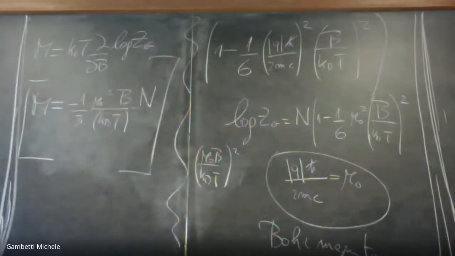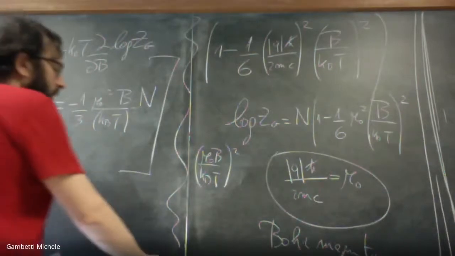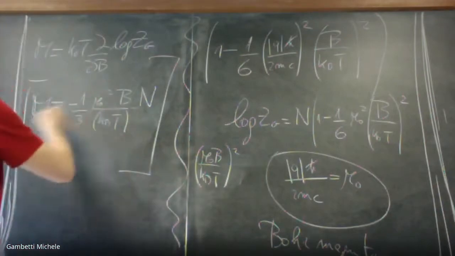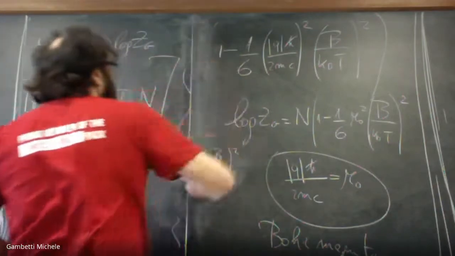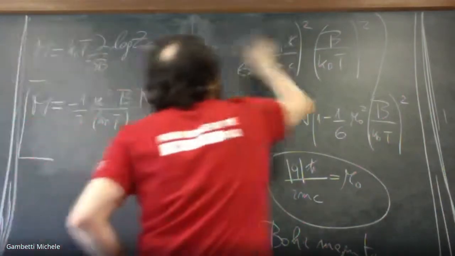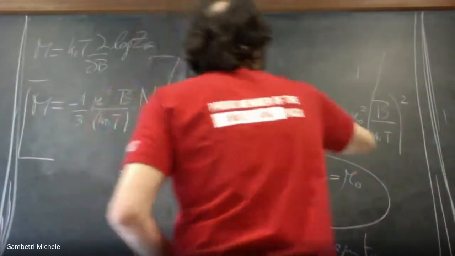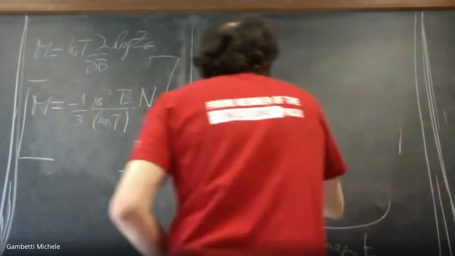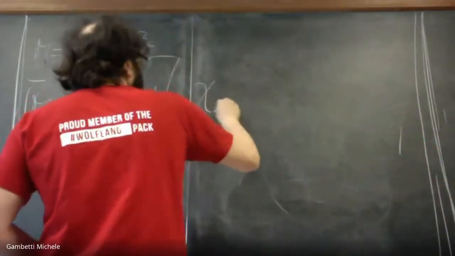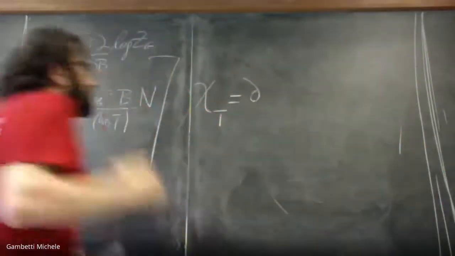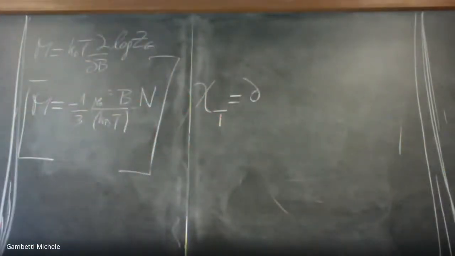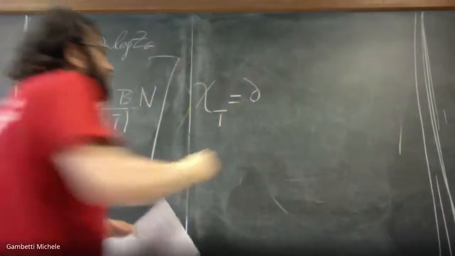So our effort was to compute this quantity, which is the magnetization. You can notice the sign is opposite to the magnetic field. And also, if you compute the isothermal susceptibility, which was the derivative of the magnetization with respect to the magnetic field.